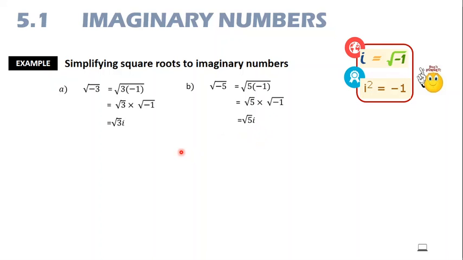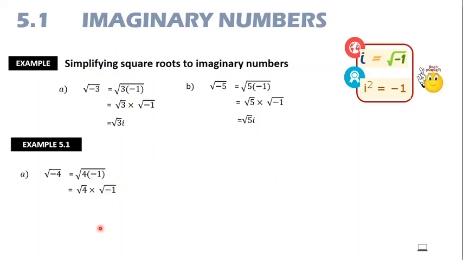This is imaginary numbers. Okay, example 5.1. We have square root of negative 4. Separate 4 and negative 1, you get 4 multiplied by negative 1, separate the square root. Put square root of 4 multiplied by square root of negative 1, and then square root of 4 we can find the value as a whole number, which is 2, and then this one is i, so the final answer is 2i.